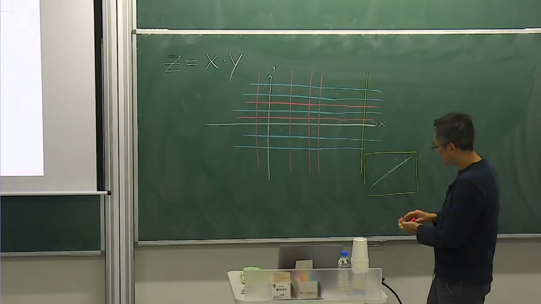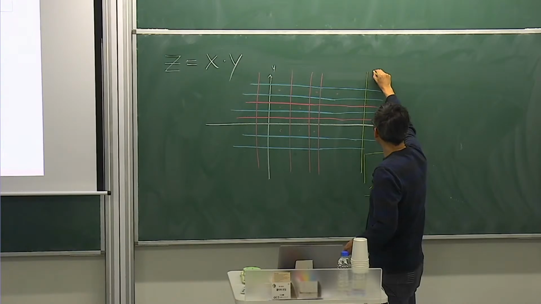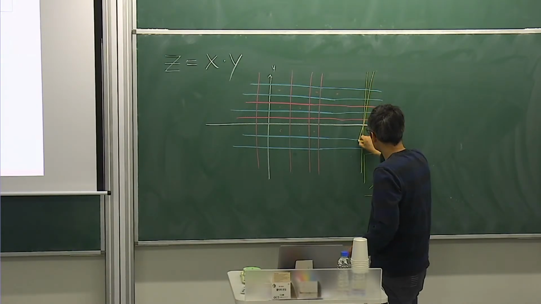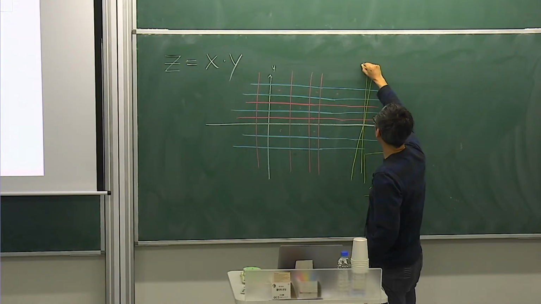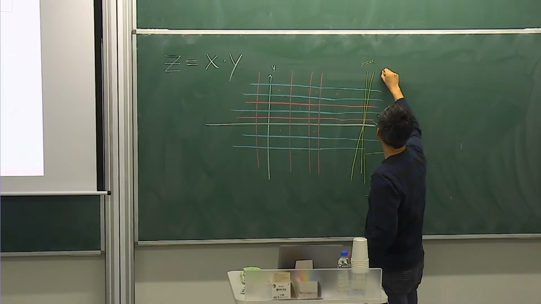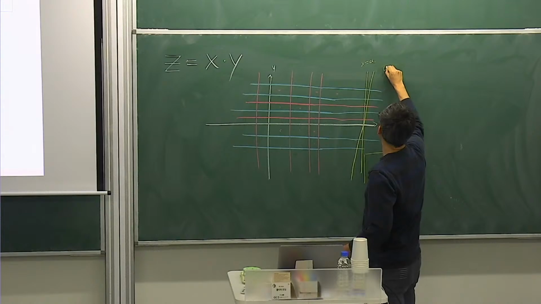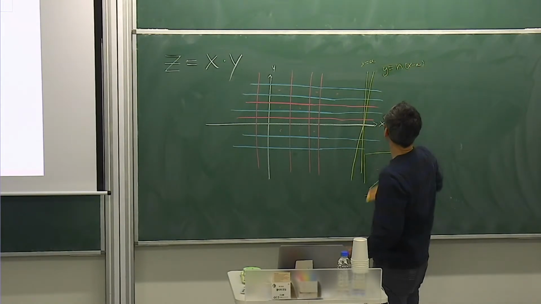But now, just take this line and twist it a little bit. This line had equation x equals a, this plane. This plane has equation y equals some big N times (x minus a).